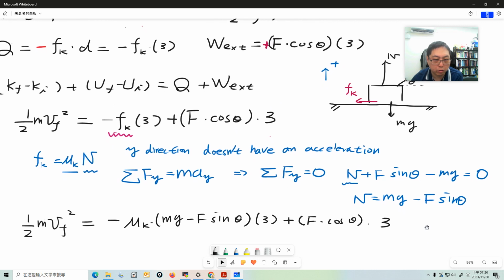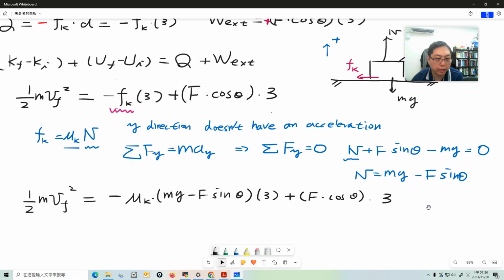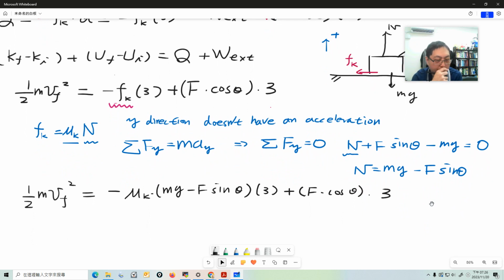So we finally have this equation. The reason we have to replace the normal force is that we want to express N by the information we already know. F is given in the problem setup, m is given, and theta is given. That's why we have to replace the N.